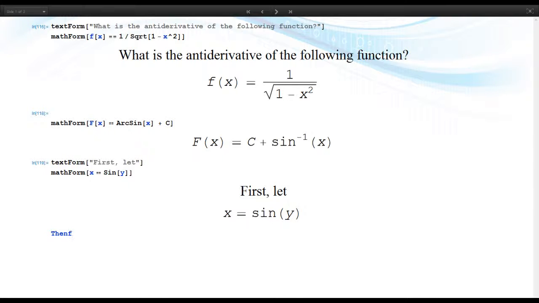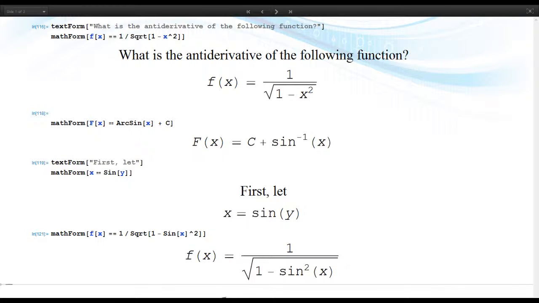Then f in terms of y, we get f of y is equal to 1 over the square root of 1 minus sine squared y.